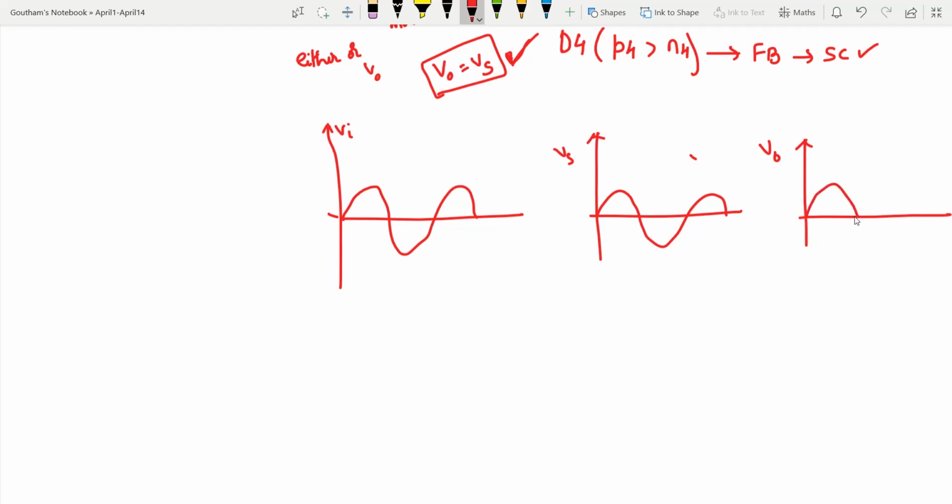In both half cycles, V0 is equal to a positive value of Vs. That is why this is called a full wave rectifier. I hope you could understand both the circuits. The first one was the center tapped full wave rectifier, and the second one is the bridge rectifier.